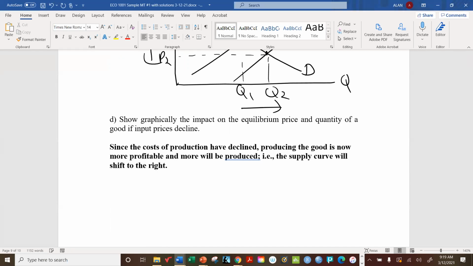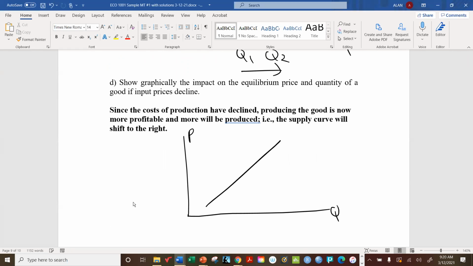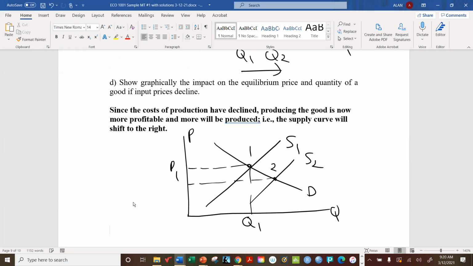Right? So it's the same outcome. A shift to the right of the supply curve will be the result of this case. Okay, so that's our final result, a shift to the right of the supply curve.